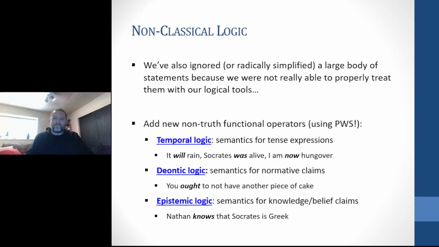Or we can add non-truth functional operators for deontic logic, claims about how you should or must behave. Similarly for epistemic logic, we can talk about believes or knows, which don't necessarily have any truth functionality.